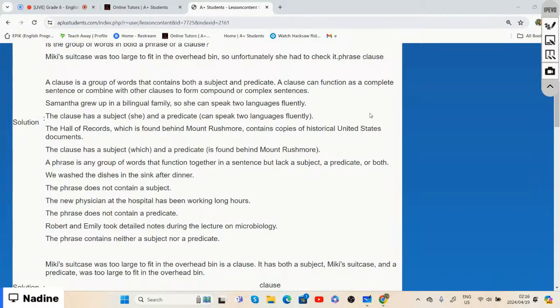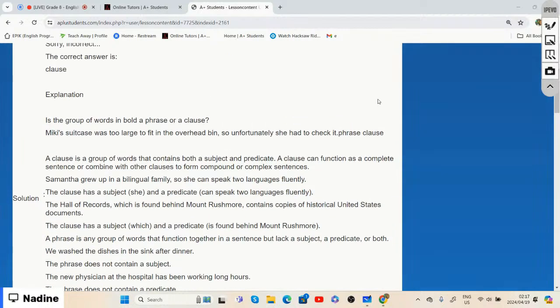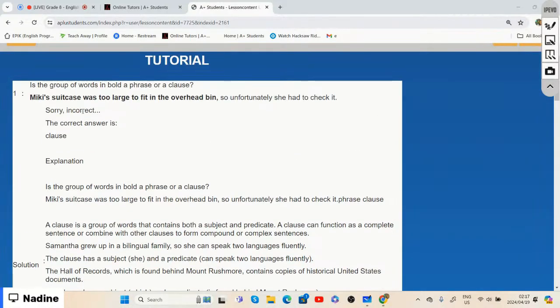All right. If we look at this sentence, it says, is the group of words in bold a phrase or is it a clause? It says, Mickey's suitcase was too large to fit in the overhead bin. So, unfortunately, she had to check it.